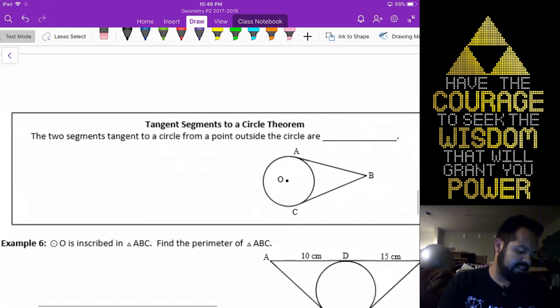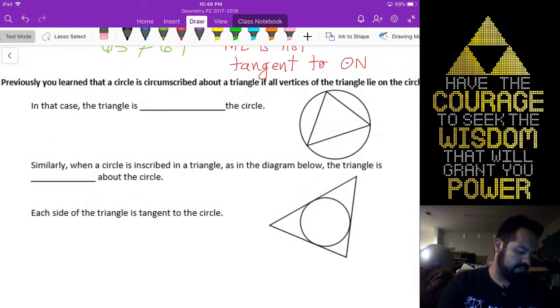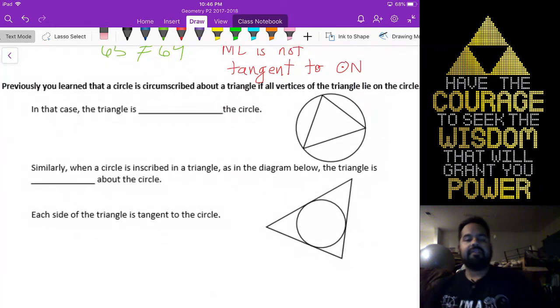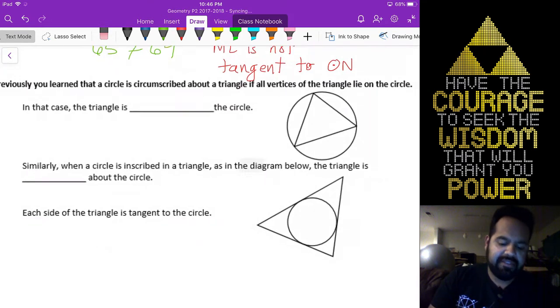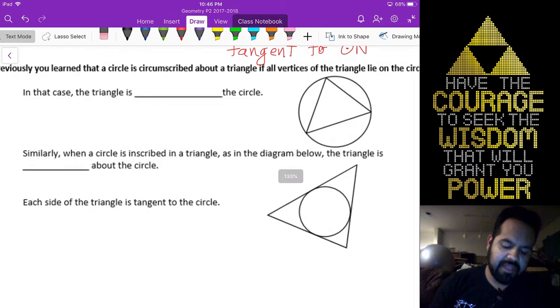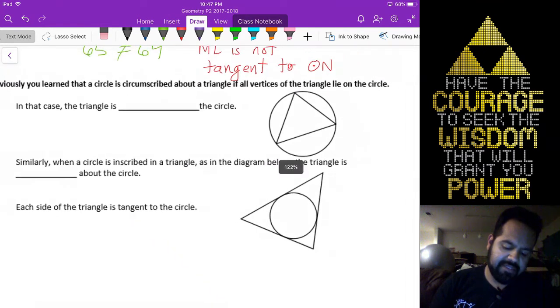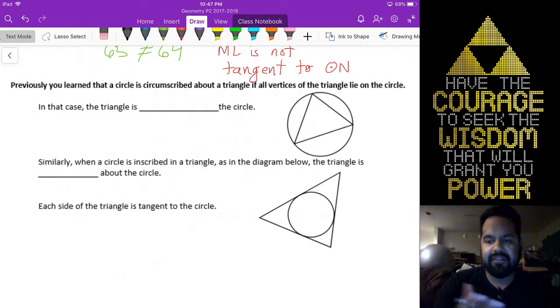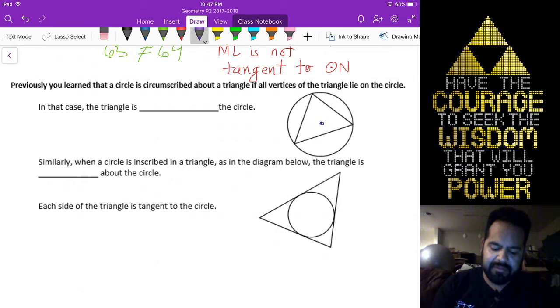Let's see here. Actually, okay, so now I remember what this is. You actually did not get to learn all of these because of the way we redid the curriculum. But something that is a property about circles is that if you take any triangle and find the perpendicular bisector of each side, they all meet at a point, and that point becomes the center of a circle that crosses through all corners of the triangle.